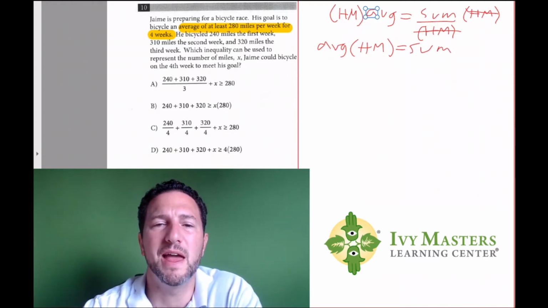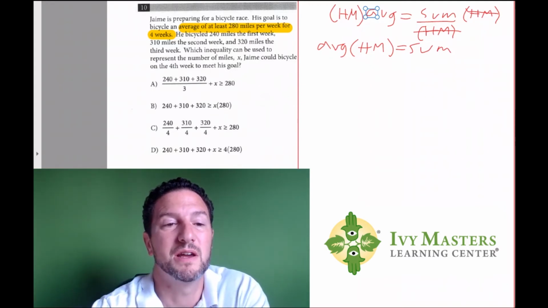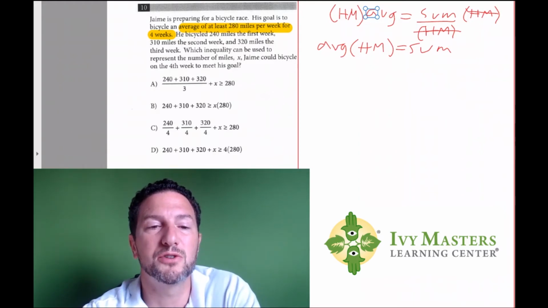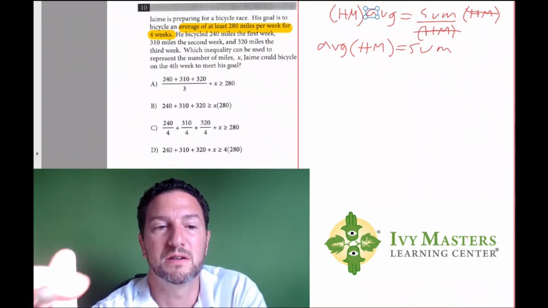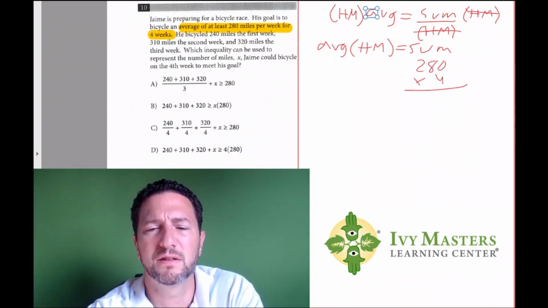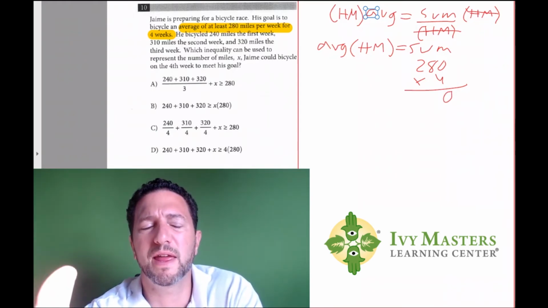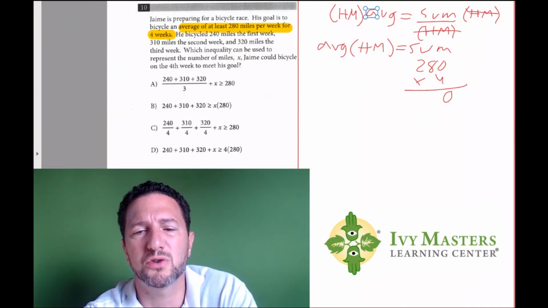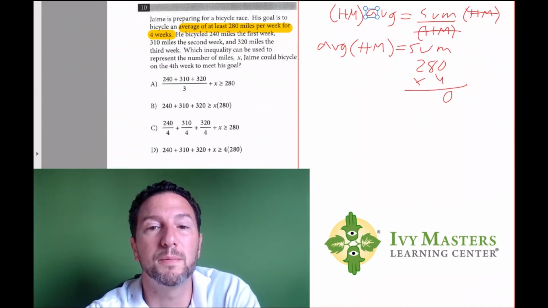If I'm doing this problem in pieces as I go, then I see that there's at least 280 miles per week for 4 weeks. I'm going to do 280 times 4. This is, I guess, no calc math. But anyway, you don't actually have to do this. When you look at the answer choices, it shows you the form.